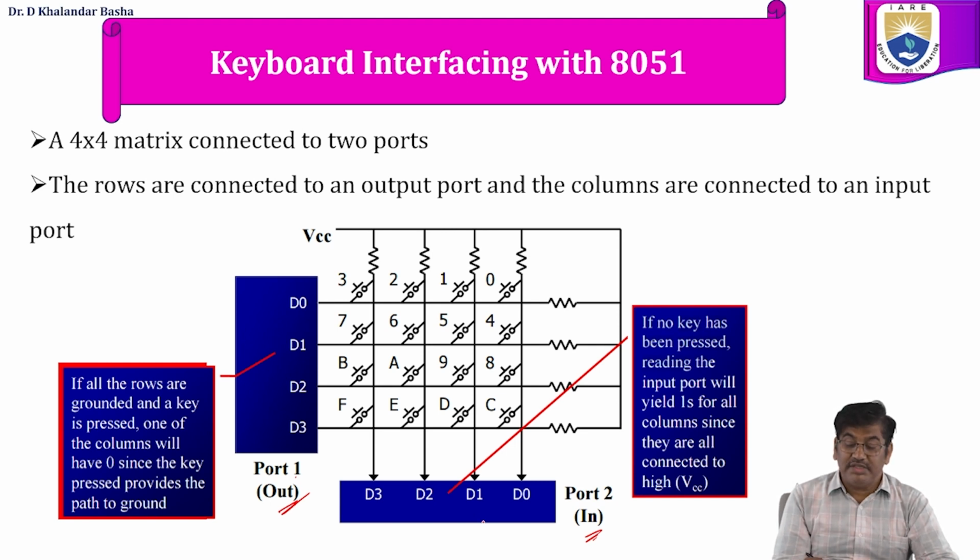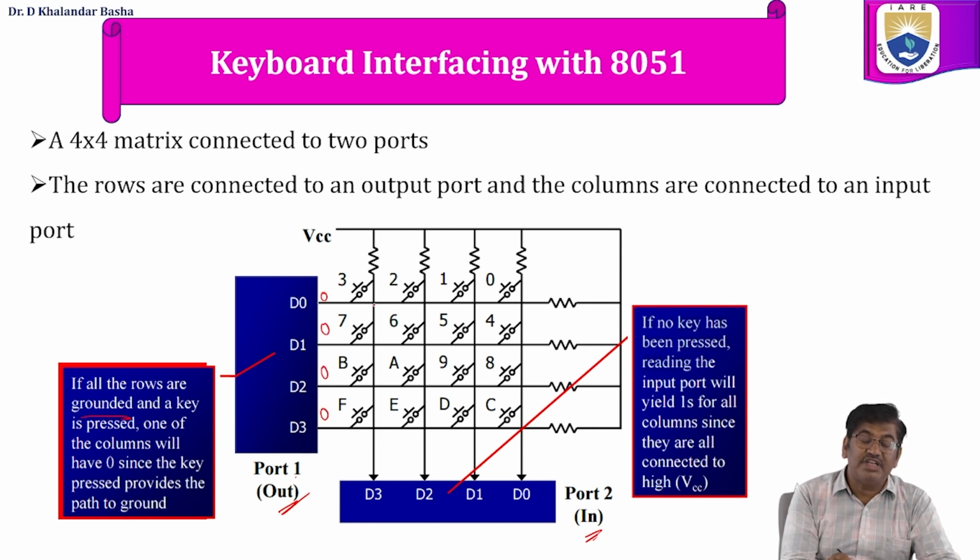When no key is pressed, reading the input port will yield 1. Initially we will make all the rows grounded, so we write all the rows as 0.